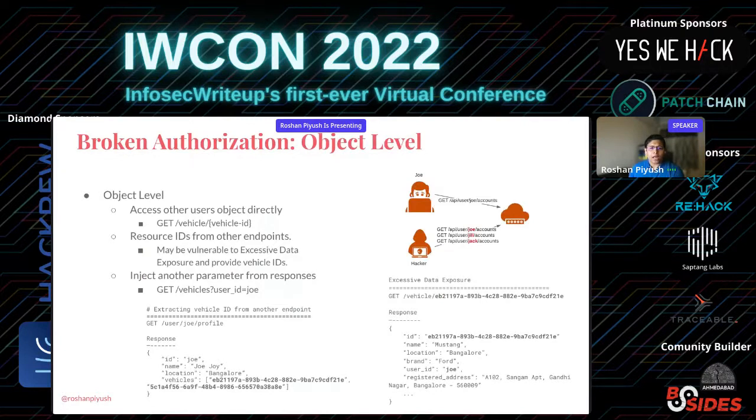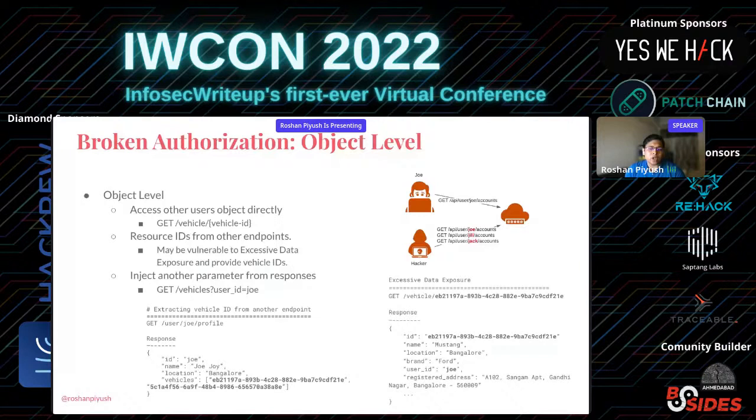To attack on an object level, BOLA, you'd want to access other users' objects directly. Sometimes you may not have the resources of other users. If they are using UUIDs, you will not be able to enumerate. But if it is simple IDs, you will be able to enumerate, let's say 100, 101, 102. But if it is something like vehicle/UUID, in those cases you want to discover those. So you need to find where all these vehicle IDs can come from.